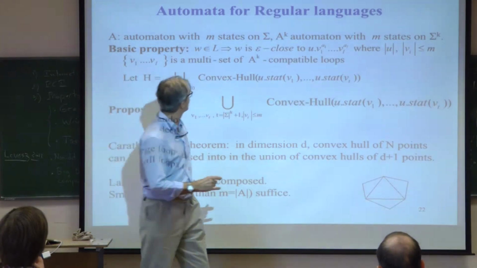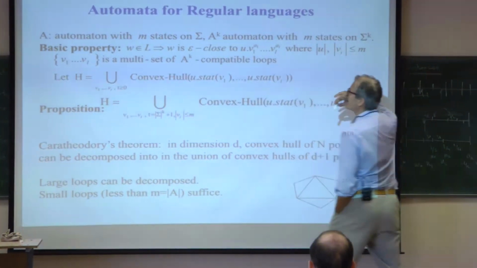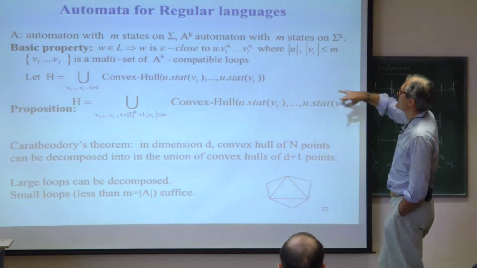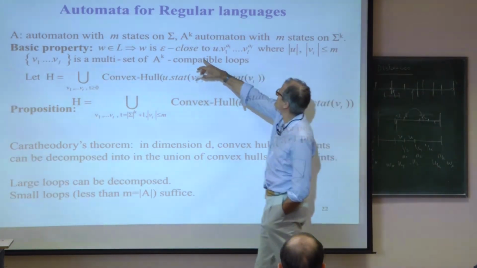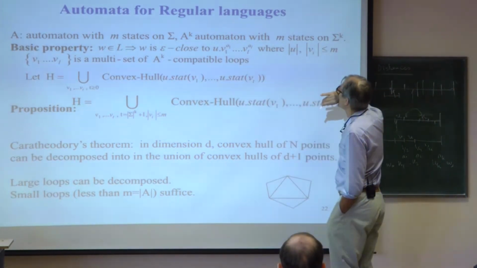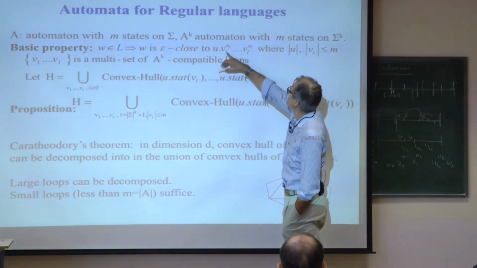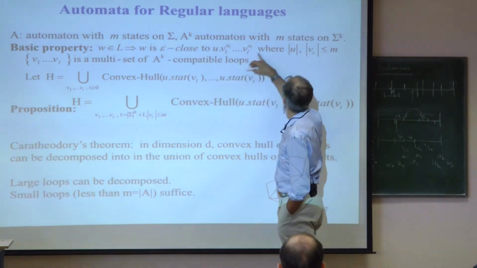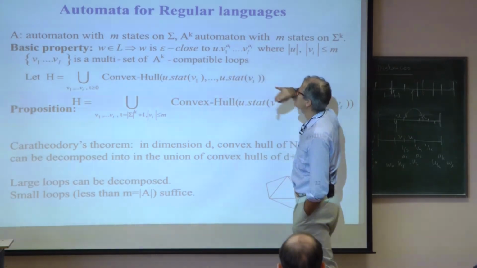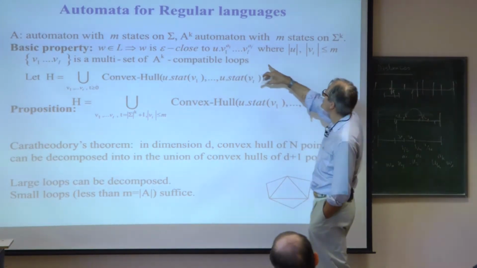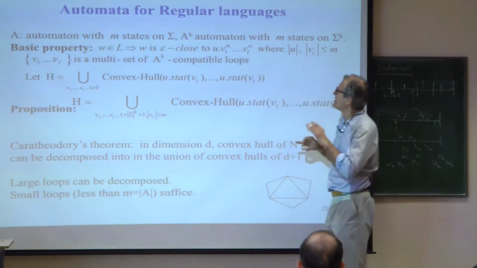All right, so here is the argument that I was trying to explain: if a word is close to some language, then it will be close to a word where you stack the simple loops together, and the loops are compatible.